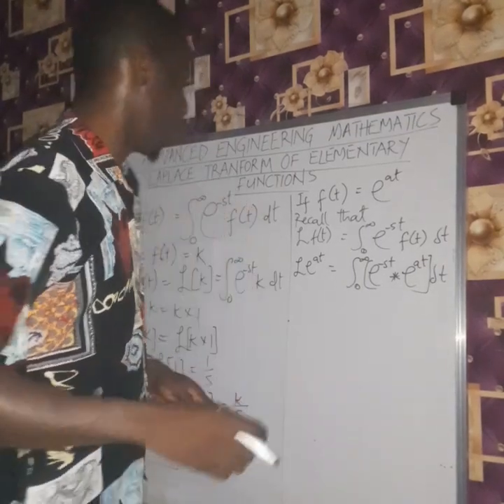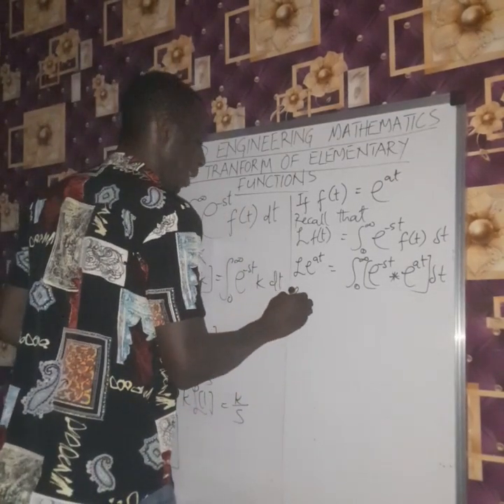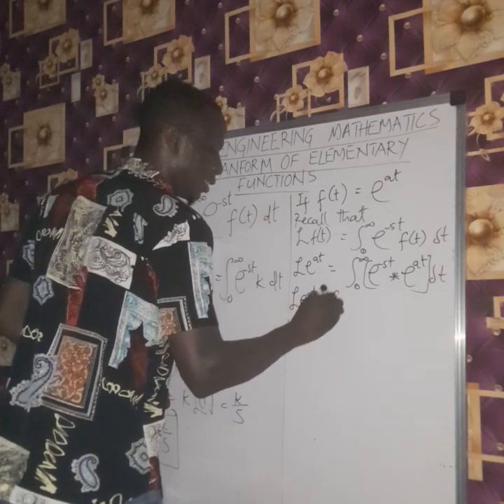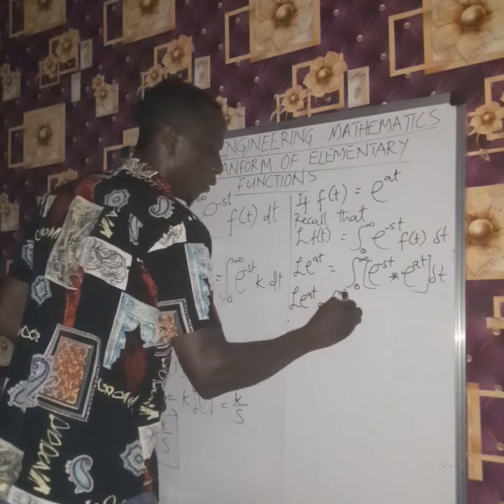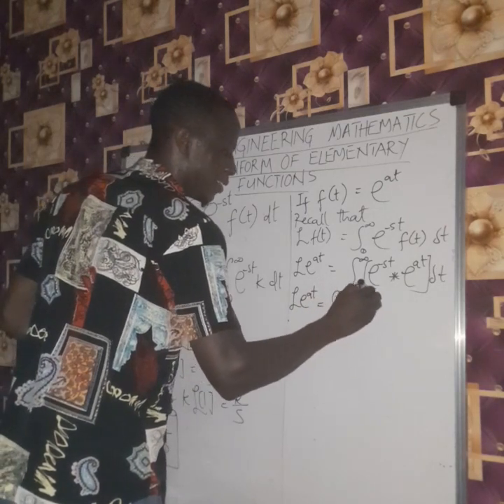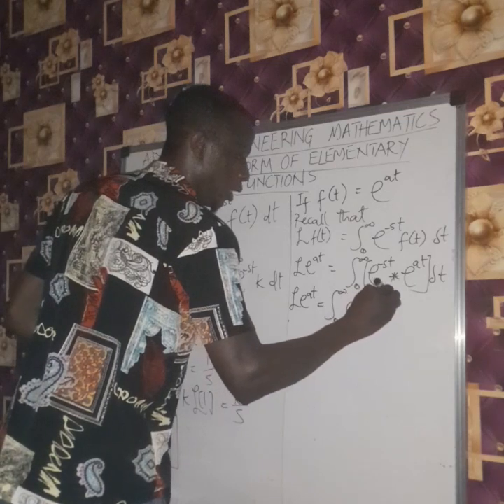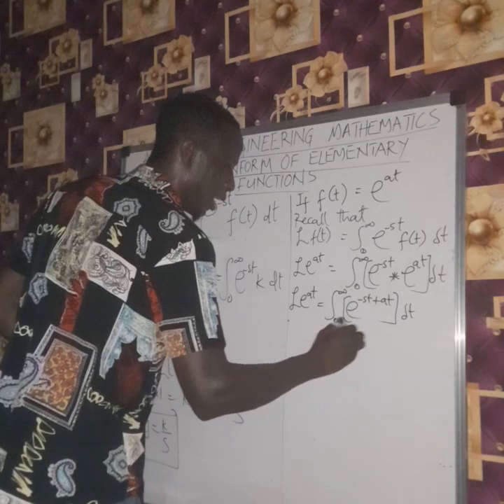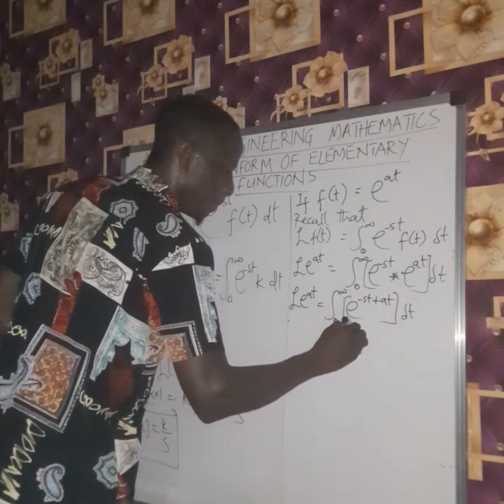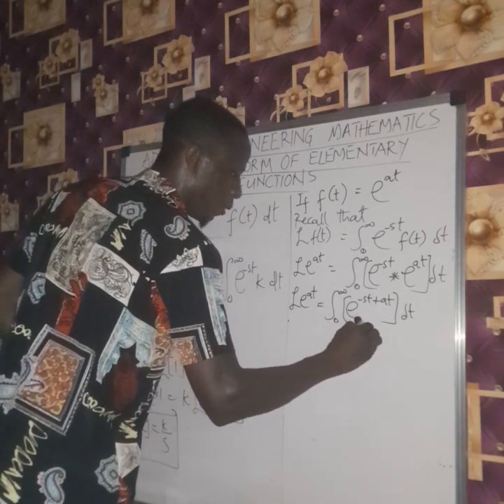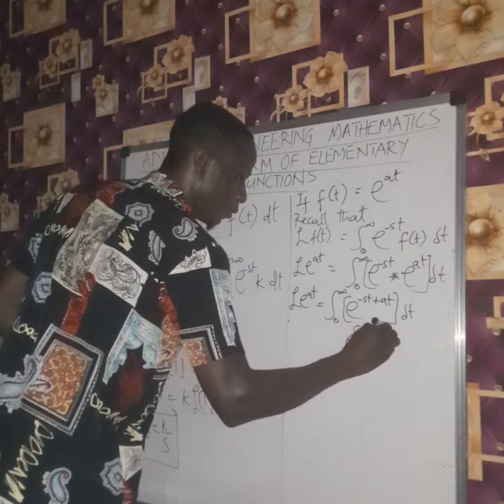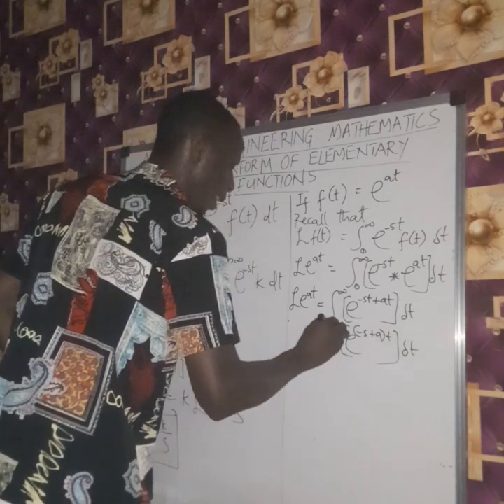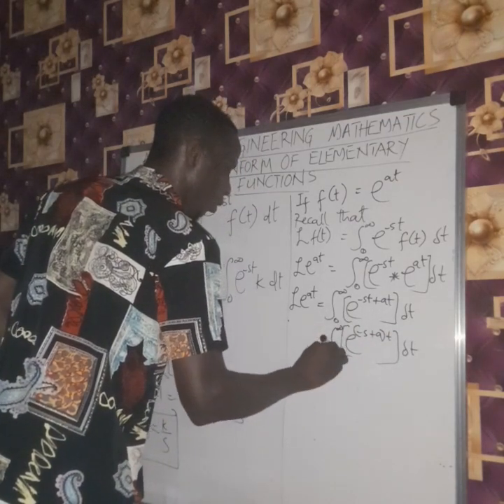So we have the integral from 0 to infinity of e raised to the power minus st plus at dt. I factor out t here, I have e raised to the power minus s plus a, t, dt of my integral from 0 to infinity.